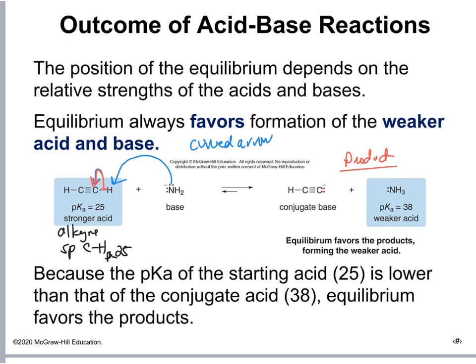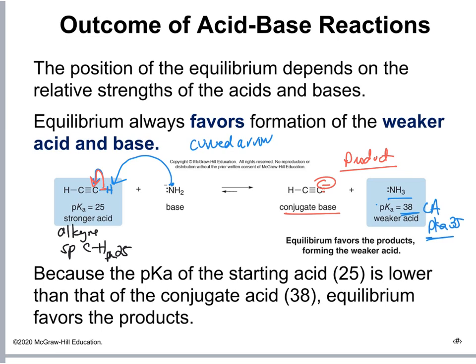You need to be able to draw this conjugate base, and then the base here, when it takes these electrons and takes that hydrogen, NH2 goes to NH3. So it used one of those lone pairs. That's ammonia, and that's your conjugate acid. And the pKa of that, I would probably just say 35, but you're in that ballpark. I'm happy with that, and you have the paper, so go with whatever your paper says.